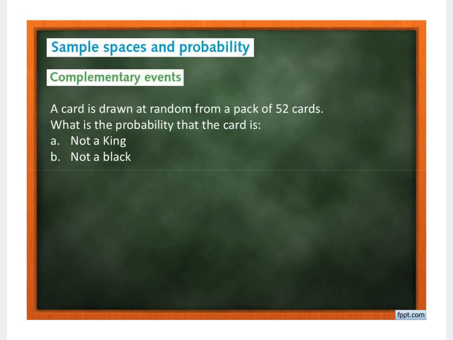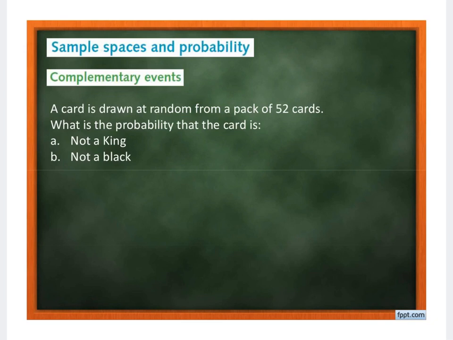A card is drawn at random from a pack of 52 cards. What is the probability that the card is A, not a king, B, not a black? There are 4 kings: spade, heart, diamond, and club.